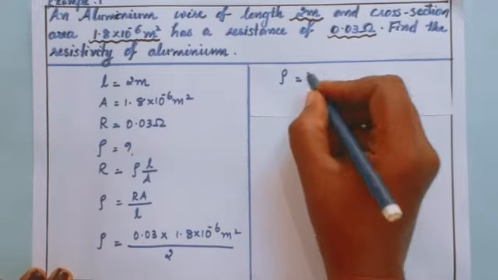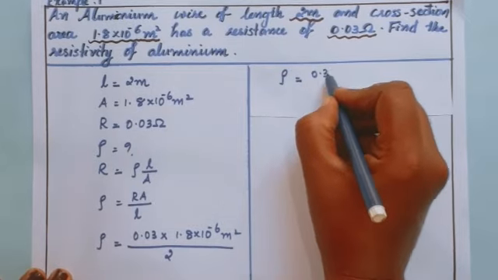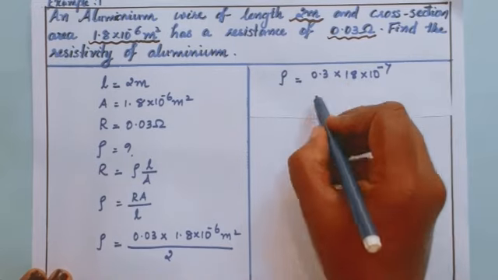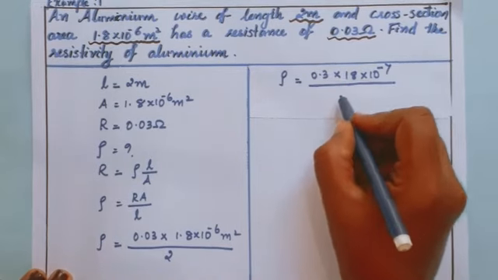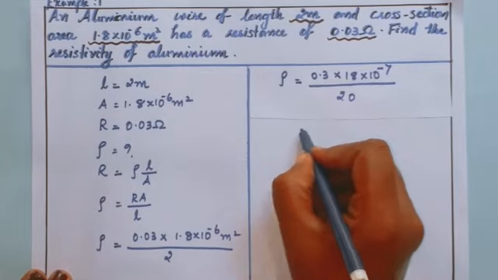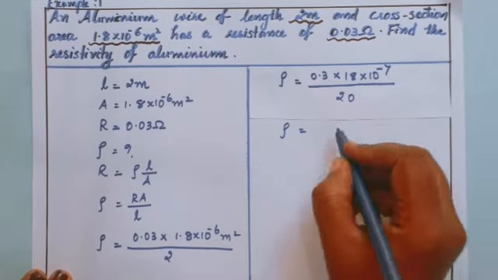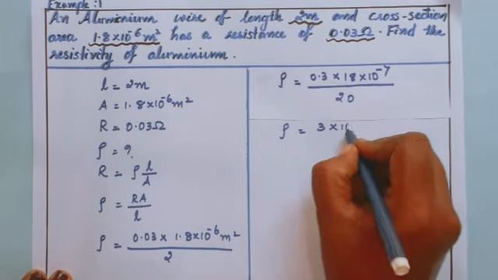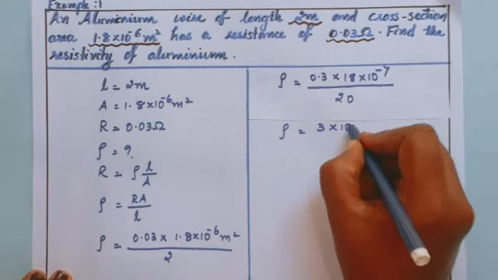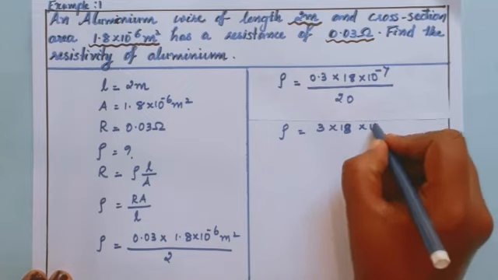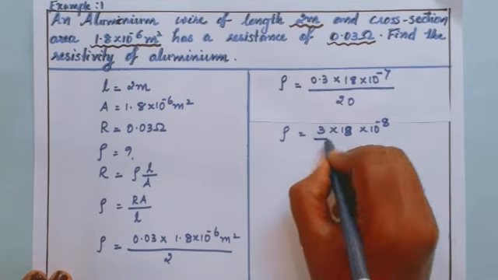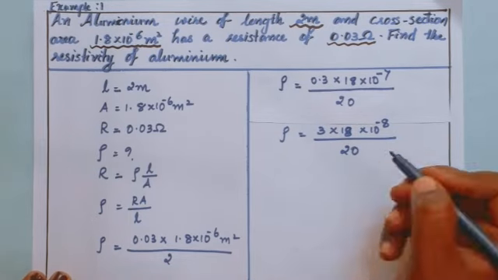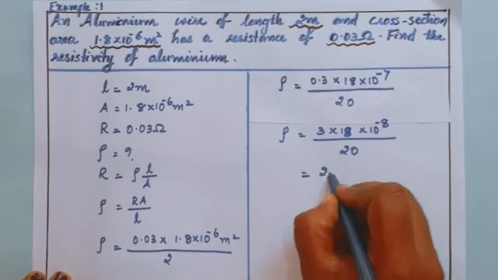That is 0.3 into 18 into 10 raised to minus 7 divided by 20, then 3 into 18 into 10 raised to minus 8 by 20.